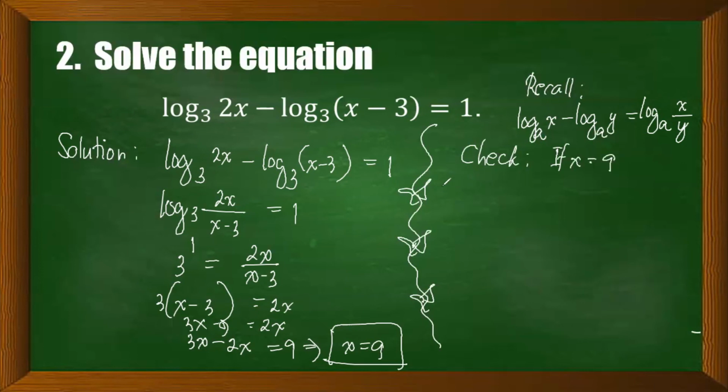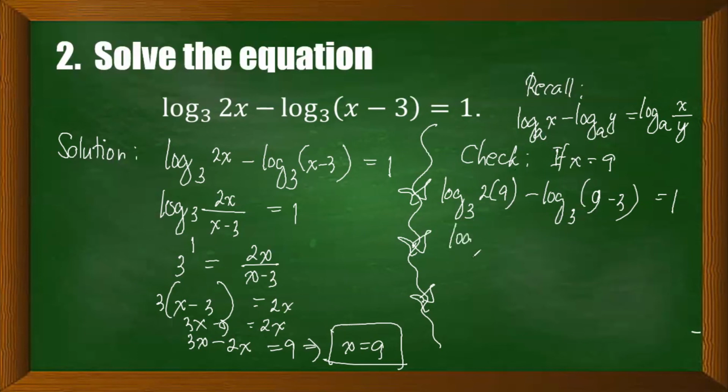So if x is equal to 9, log of 2 times 9 to the base of 3 minus log of 9 minus 3 to the base of 3 is equal to 1. Okay, we will see if the left hand side is equal to the right hand side.